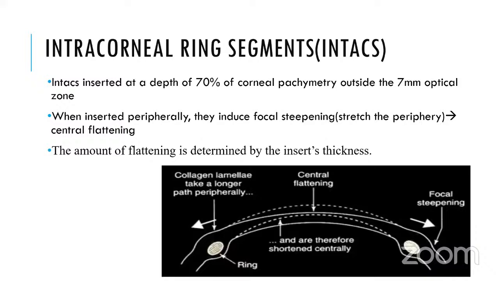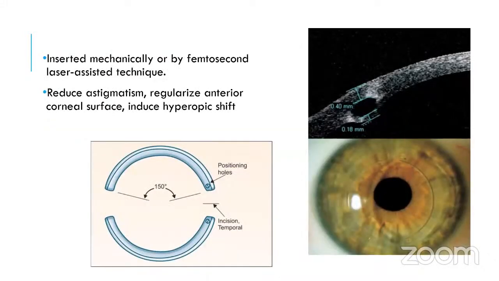When inserted peripherally, they induce focal steepening, causing stretch of the periphery and leading to central flattening. The amount of flattening is determined by the insert's thickness. Inserted mechanically or by femtosecond laser assisted techniques, it reduces astigmatism, regularizes the anterior corneal surface and induces hyperopic shift.